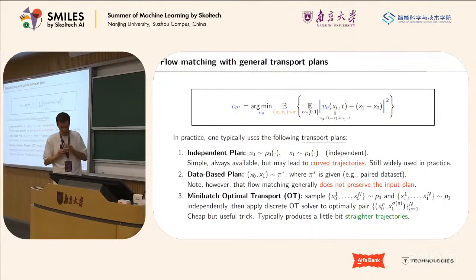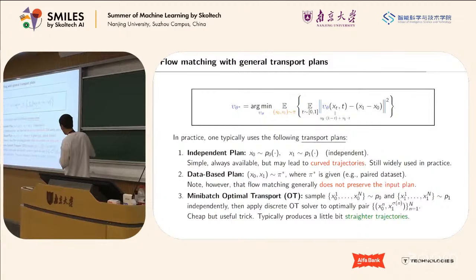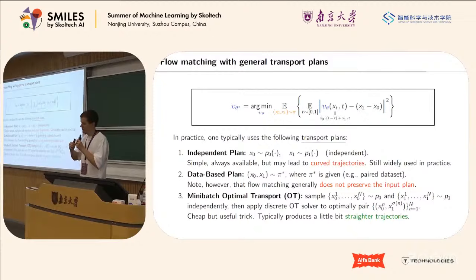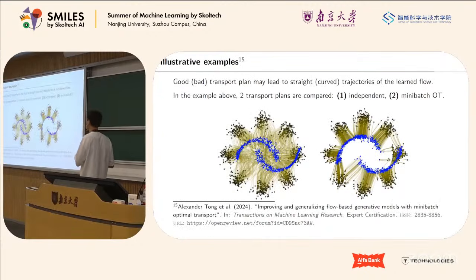You can just use them out of the box; there are many libraries for this, like Python Optimal Transport and so on. And the main idea is that when you use this kind of more optimal couplings, where a point corresponds to a closer point in the second distribution, then in the end your transport plan yields more straight trajectories.